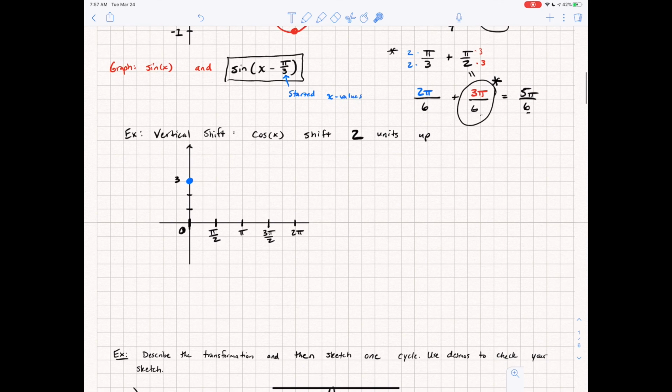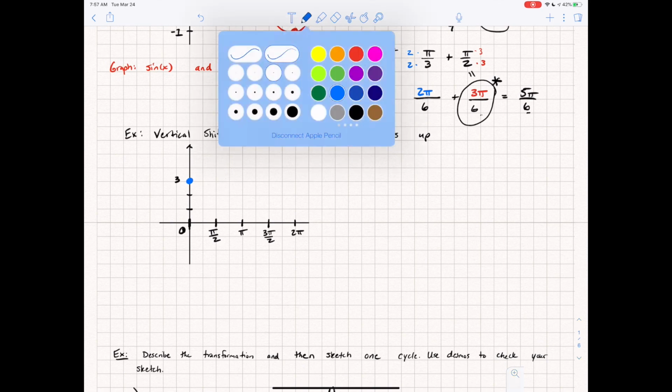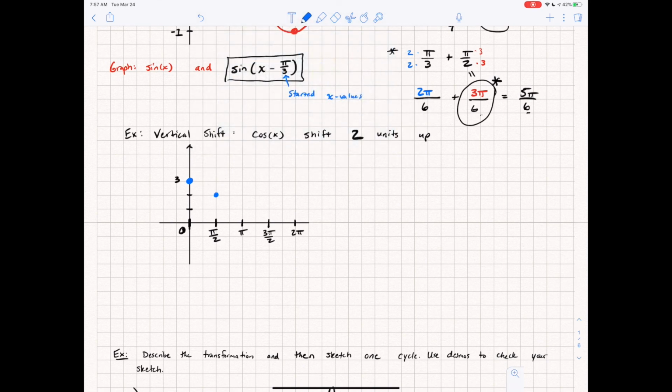So if I'm starting at 3, I'm going to take one step down to 2, which means then at pi I'm down at my minimum, which will now be 1, back to the middle, and then at my peak. So the graph of cosine that has been shifted 2 units up would look like this.